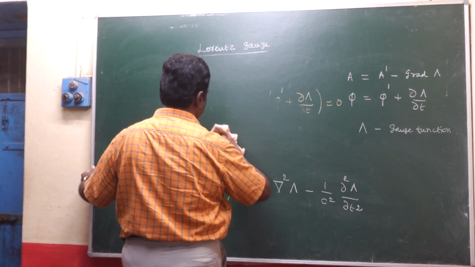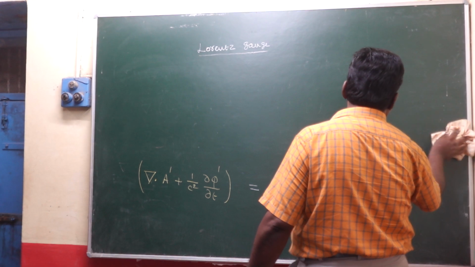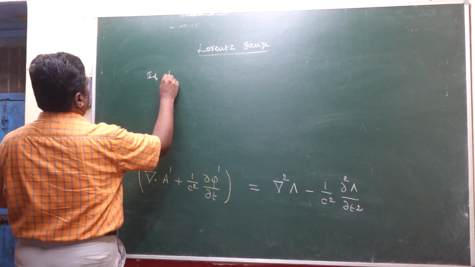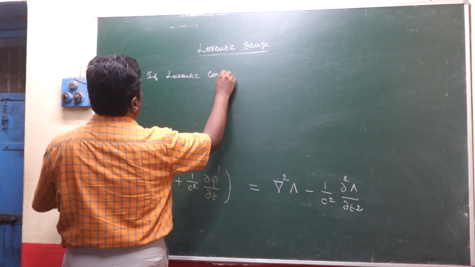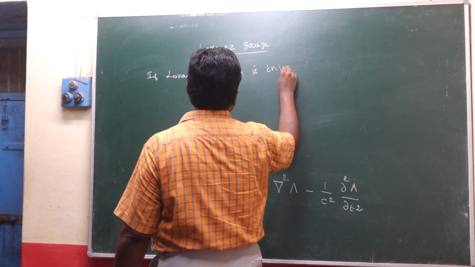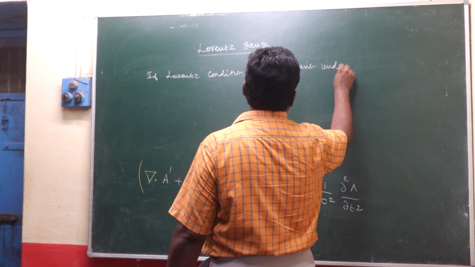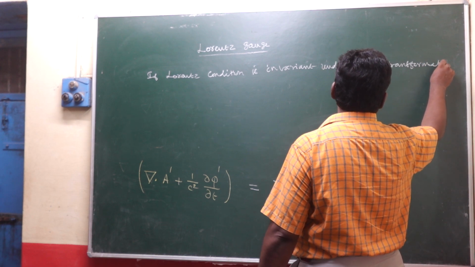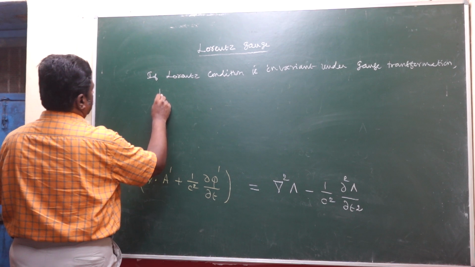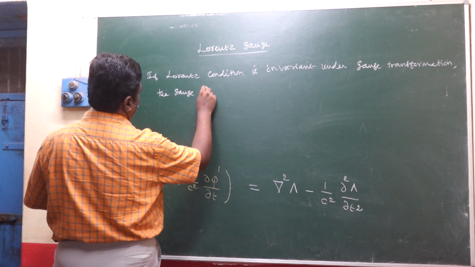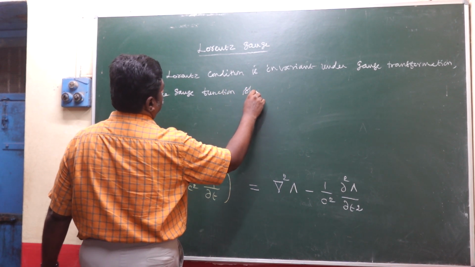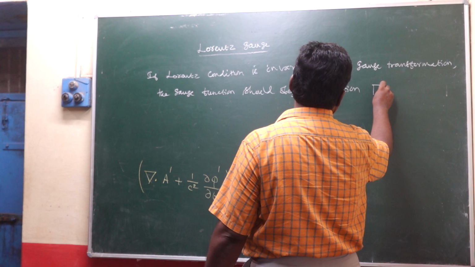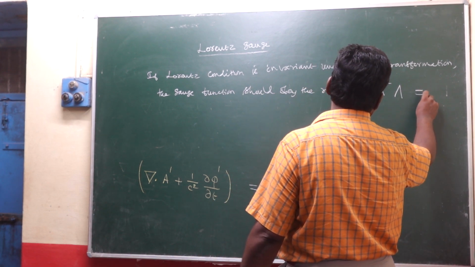If the Lorentz condition is invariant under gauge transformation, the gauge function should obey the relation: D'Alembert operator operating on lambda equal to 0.